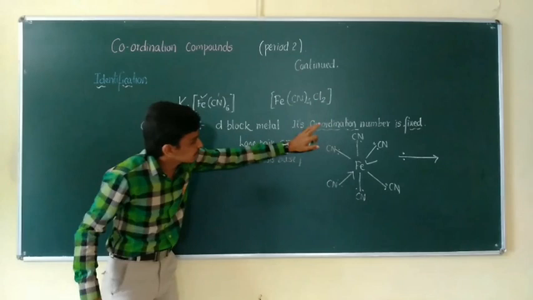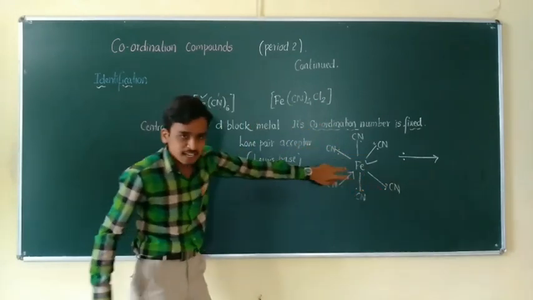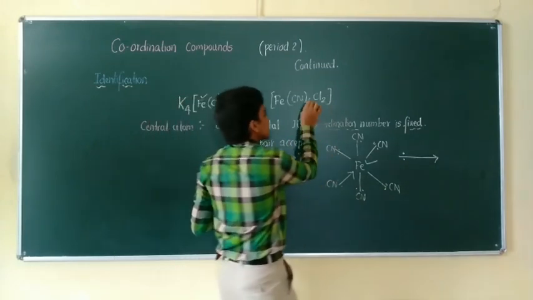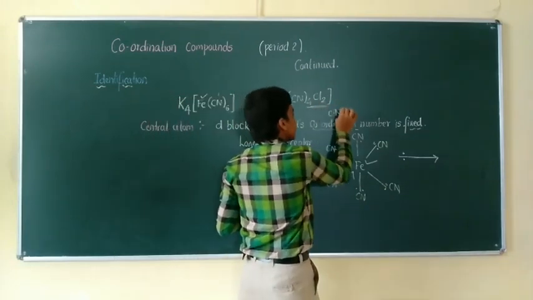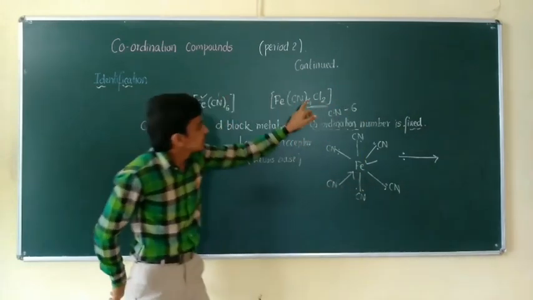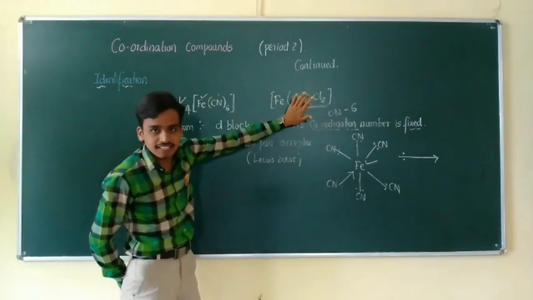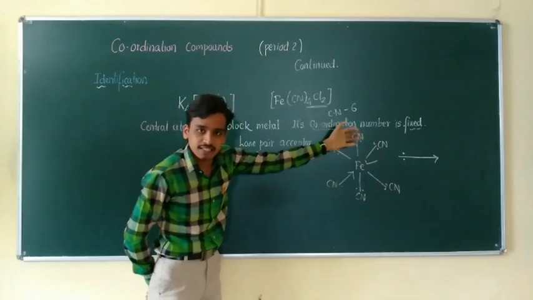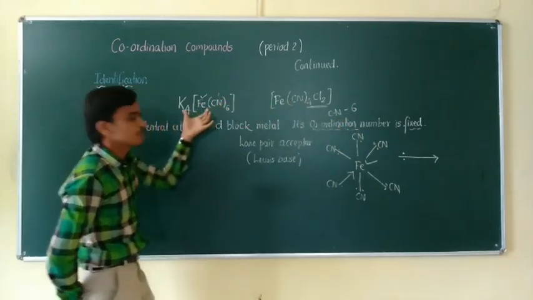It means 4 cyanides are the same and 2 of them are replaced by chlorine. But what remains the same is the coordination number. It is 4 plus 2, and both are considered ligands here. Therefore 4 plus 2, again the coordination number is 6. Therefore, this is the concept of the central atom.